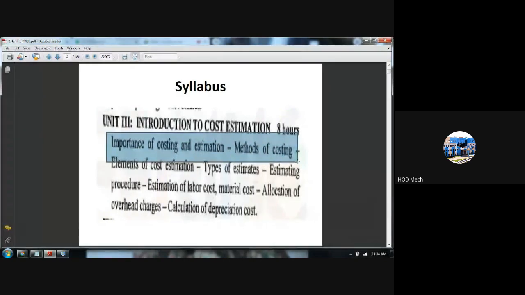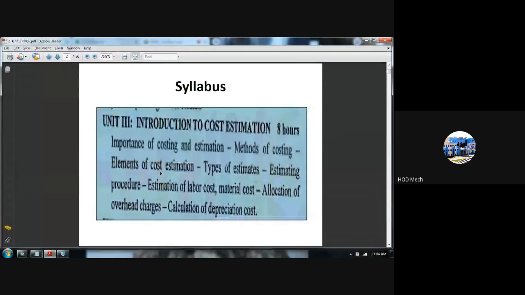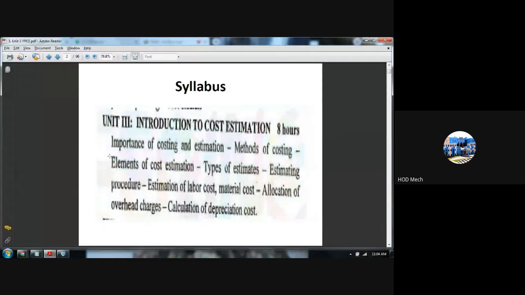These two are basic level. You should be able to understand the importance of costing in estimation. There are a few points you have to remember as a process engineer, or as an engineer. And second, you should know what types of costing methods are available.